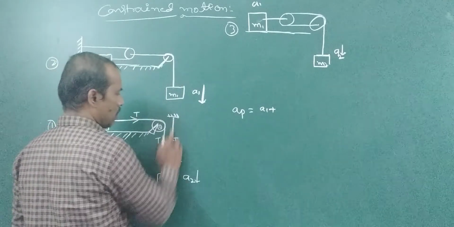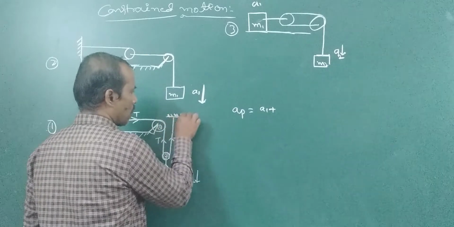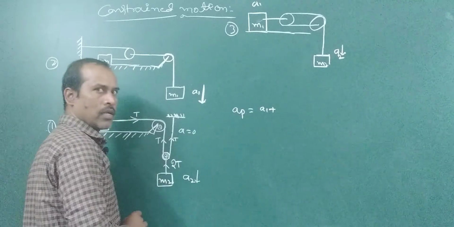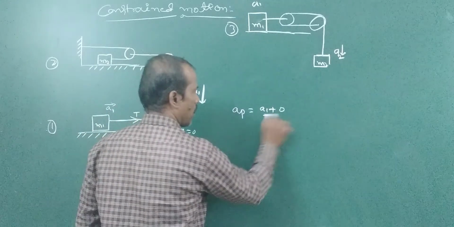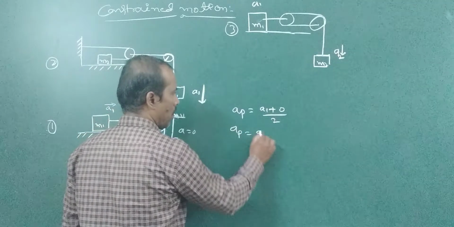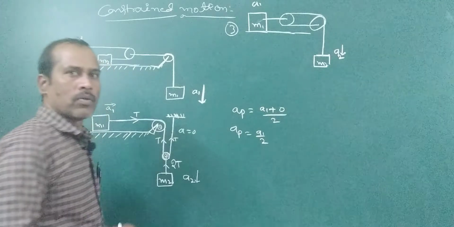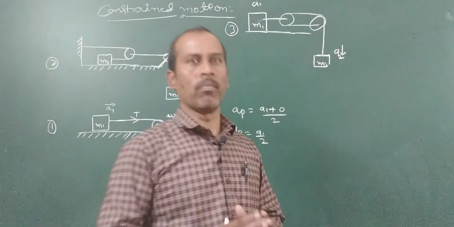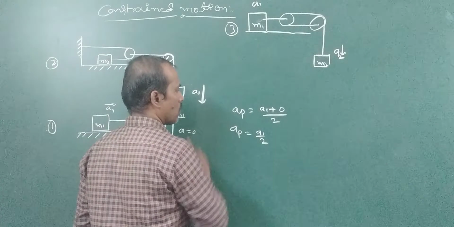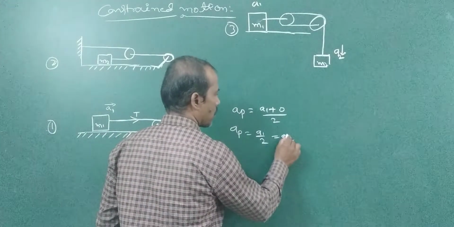This string is connected to the rigid support, so the acceleration here is 0. That means 0 plus A1 by 2, so the acceleration of the pulley is A1 by 2. This is equal to the acceleration of block M2. That means AP, the acceleration of the pulley, is A1 by 2, which is equal to A2.